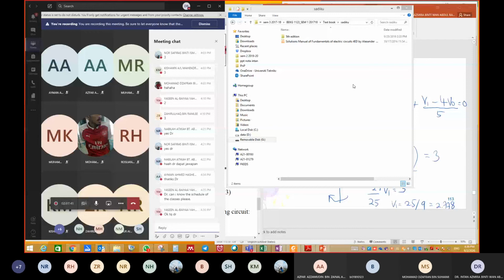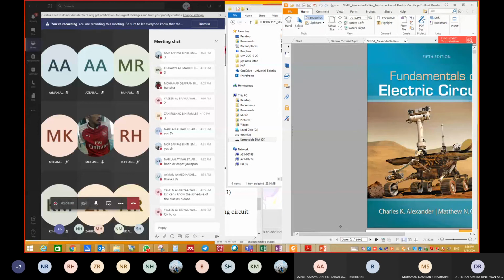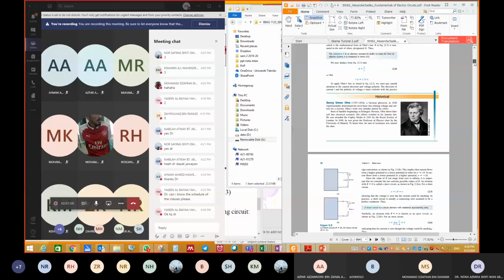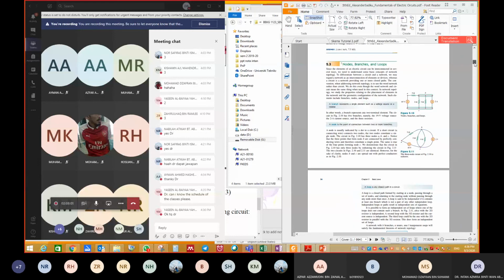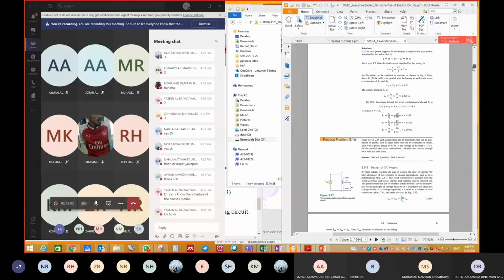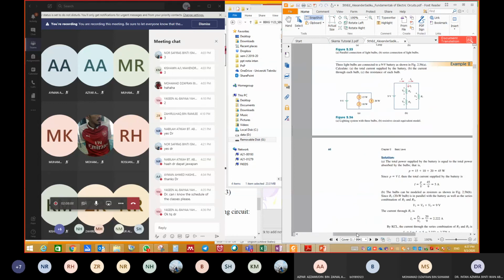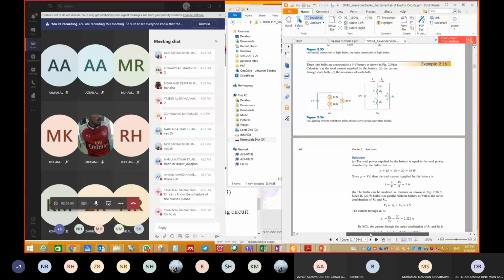If you have the textbook by Matthew N. O. Sadiku, you may try many questions there. It is in chapter 3 if I'm not mistaken. This is Y delta. Do you have this book or e-book? Super nodal. There are many questions.